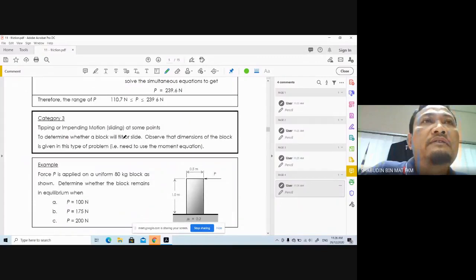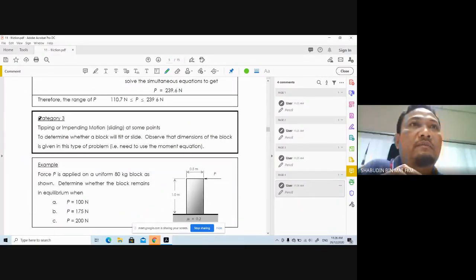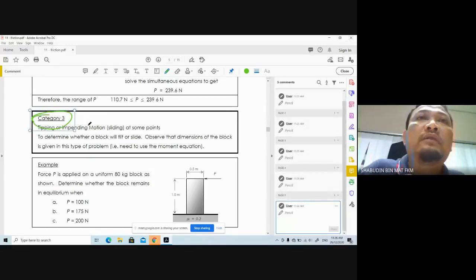Category 3 is involved with the motion. Most likely, we will skip this. You will do this in dynamics next semester, subject to whether you pass this subject.